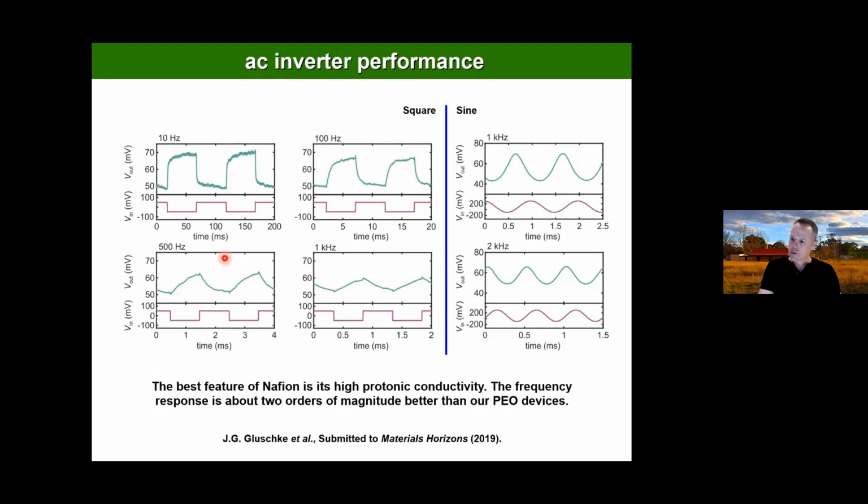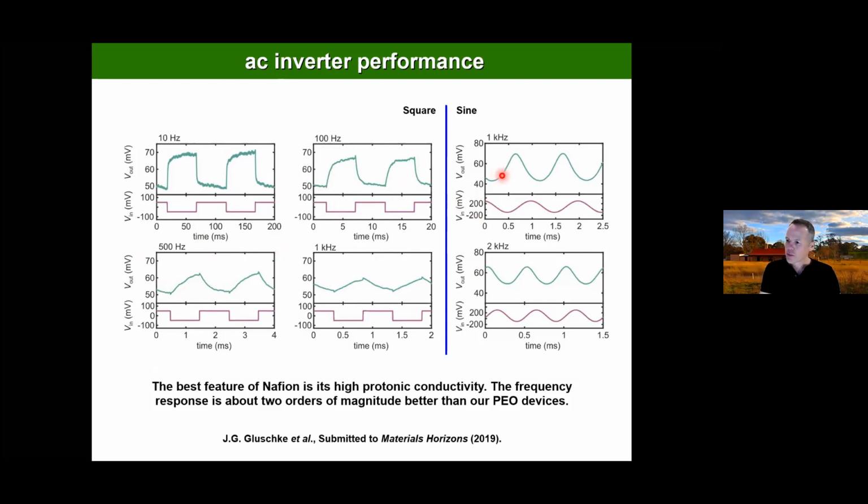And even up into the sort of hundreds and kilohertz, we're still getting a response out of our circuit in here. Just for quick comparison, if we were doing this with polyethylene oxide, we would be sort of a rough wiggle just in here and flat line for both of these 500 hertz and kilohertz signals.